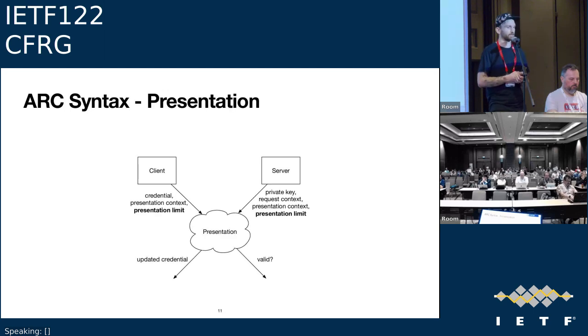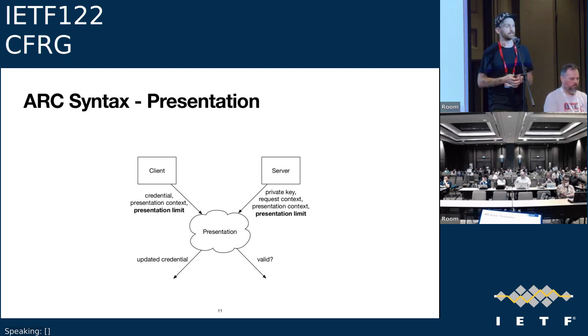And then later in presentation, if a client has a credential and wants to present it, it inputs its credential, a presentation context, a different thing, and then a presentation limit, which is like the rate limit. The server inputs its private key, its request context, presentation context, and presentation limit as well. They run the presentation protocol, and the server learns whether or not the presentation that the client did was valid, so it was correct with respect to the credential.